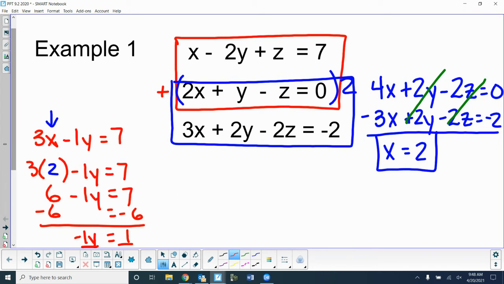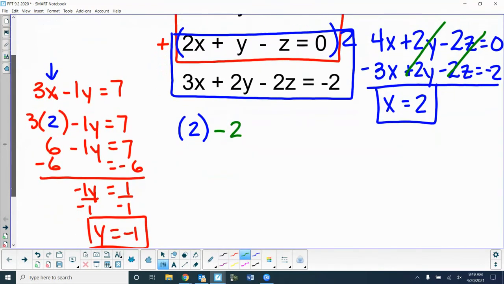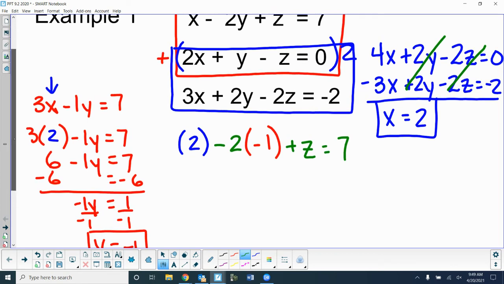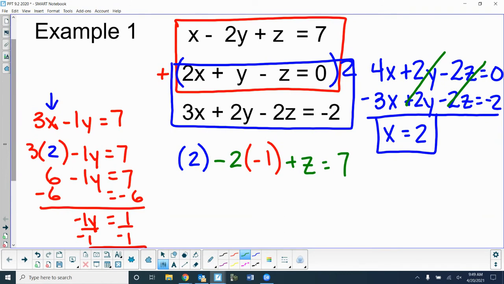All right? So I'm going to substitute 2 in for X, and what was it, -1 for Y. So I just plug 2 in for the X, -1 for the Y, and now I'm solving for the Z. So I got 2 minus, well, what's a -2 times a -1? +2, right?